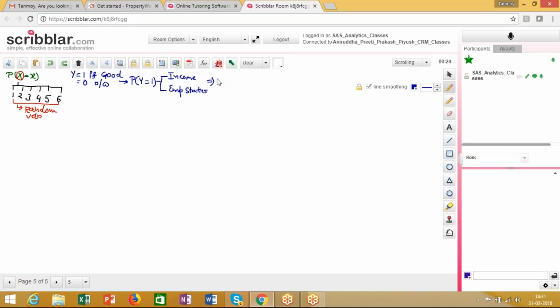So say I have the probability of y equals 1 as 1 divided by 1 plus e to the power of beta 1 x1 plus beta 2 x2.